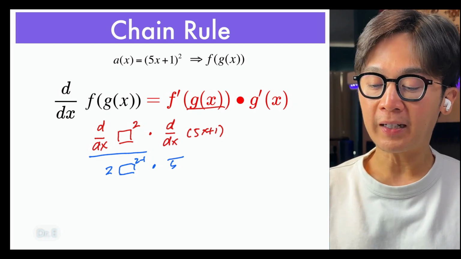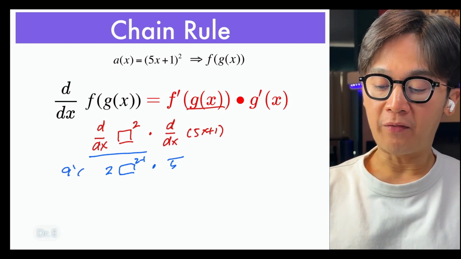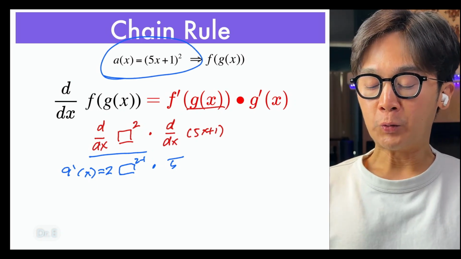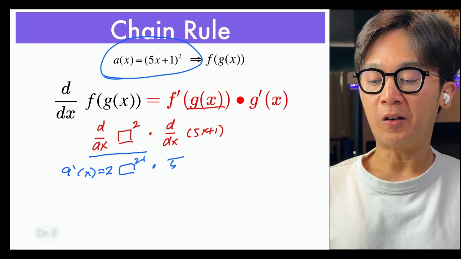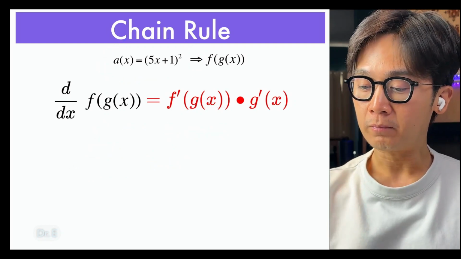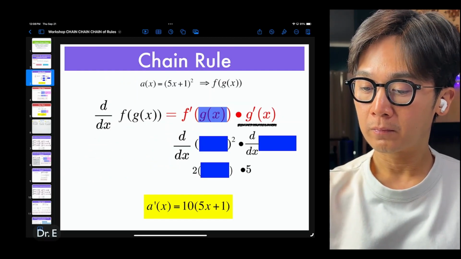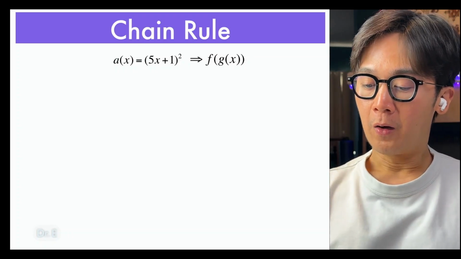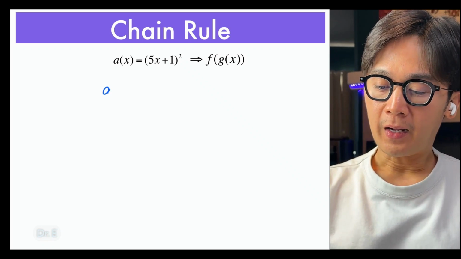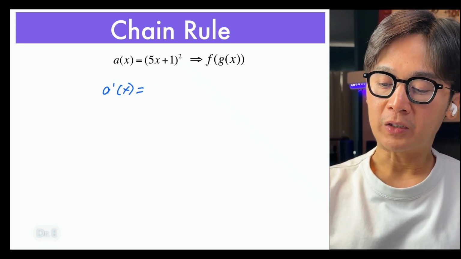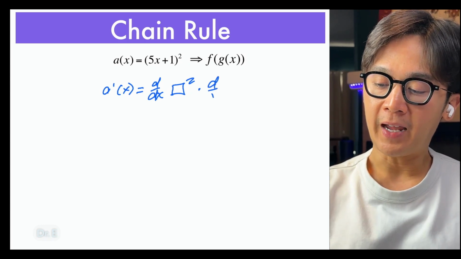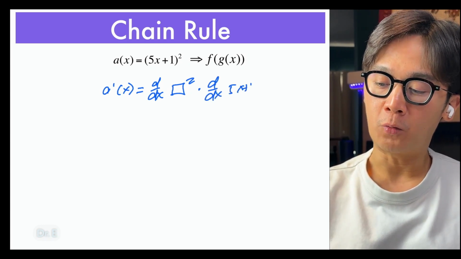So this is basically our a prime of x, which is the derivative of this function: 2 times box raised to the 2 minus 1, times 5. And if you want to simplify it, a prime of x is equal to the d dx of the box squared times the d dx of the inside, which is 5x plus 1.